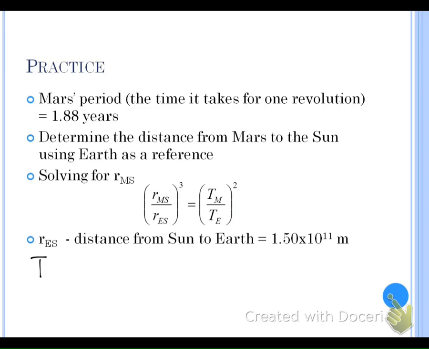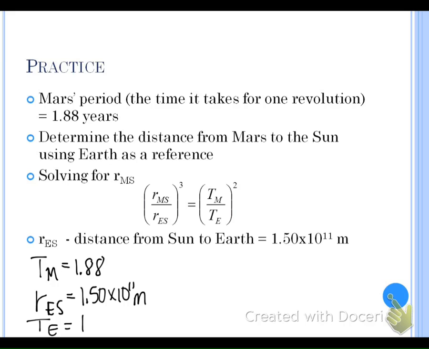So we know that T of Mars equals 1.88, the radius from the Earth to the sun is 1.50 times 10 to the 11th, and the period of the Earth is equal to 1 year. So we want to solve for the radius from Mars to the sun, or the distance.